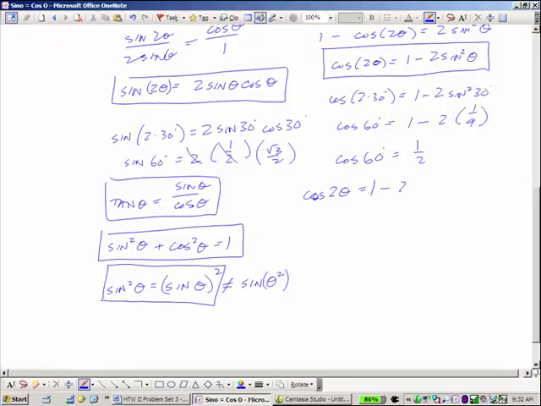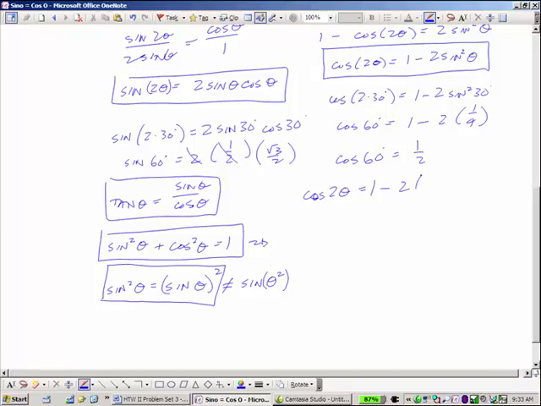Instead of writing 1 minus 2 sine squared theta, do you know what sine squared theta is equal to? Sine squared is equal to 1 minus cosine squared.